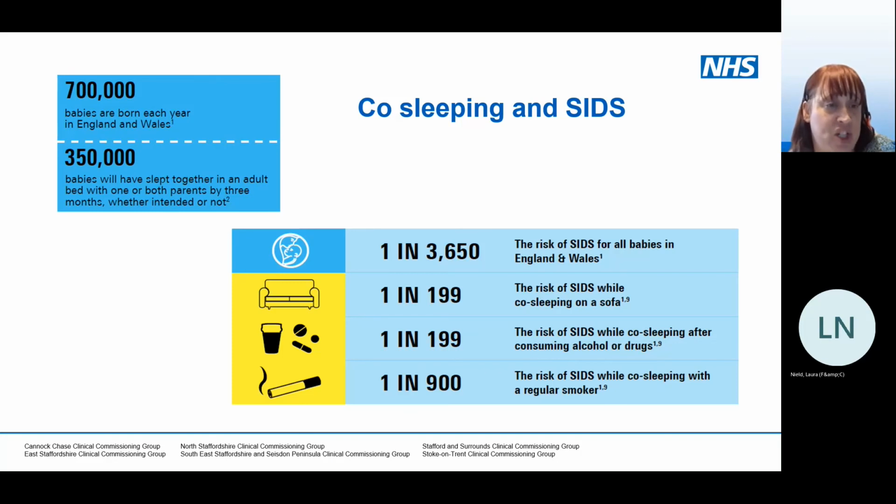And we're acknowledging that half of babies will have slept together in an adult's bed with one or both parents by 3 months old, which may or may not be intentional. These are the things that increase the risk. These are when you should be advising parents that they shouldn't be sharing a bed if any of these other risk factors are present.